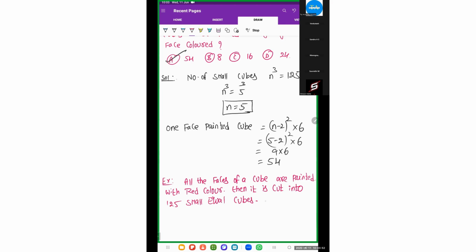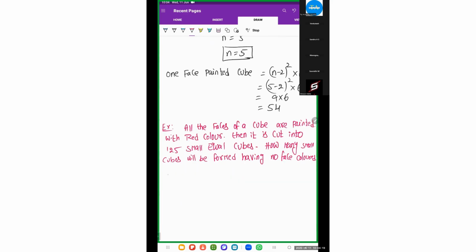How many small cubes will be formed having no face colored? Option A 27, B 8, C 16, D 2. Option A, sir. Option A 27.